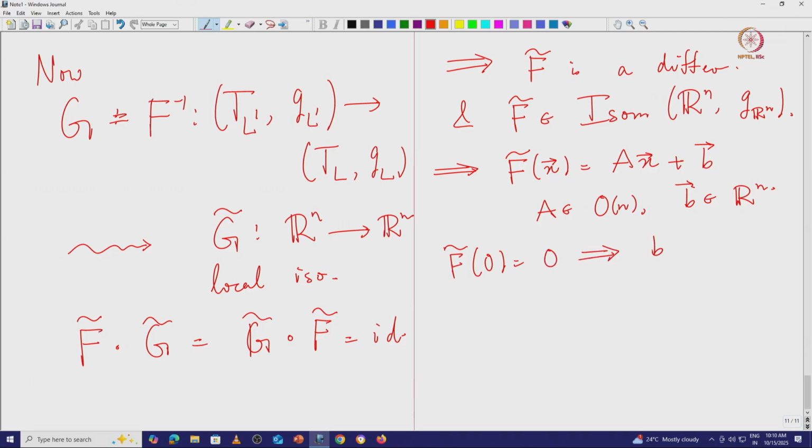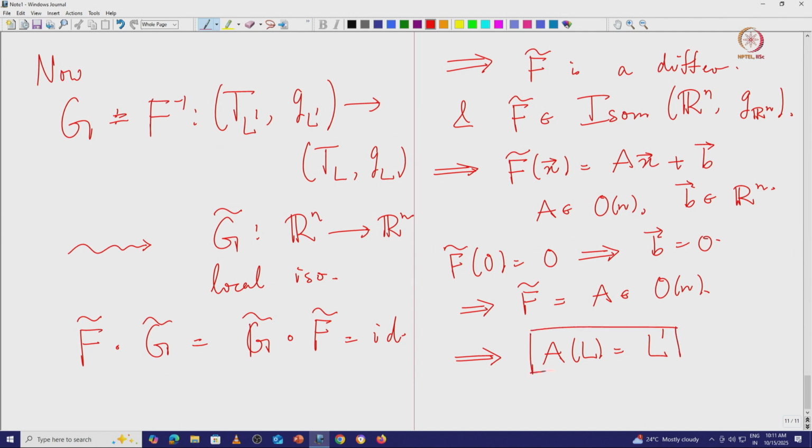This implies that B is 0, which in turn implies that f tilde is basically given by an orthogonal matrix. Okay, but then if f tilde is given by an orthogonal matrix, f tilde ought to take the lattice L to itself. Sorry, I meant that f tilde, being a lift of f, actually takes the lattice L to L prime, which just means that A takes the lattice L to L prime, which completes the proof of our theorem.